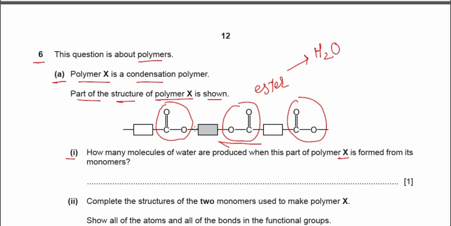So how many ester bonds can we see in this part of the polymer chain? 3. It means there must be production of 3 water molecules. So we can clearly write 3, either in number or in words.